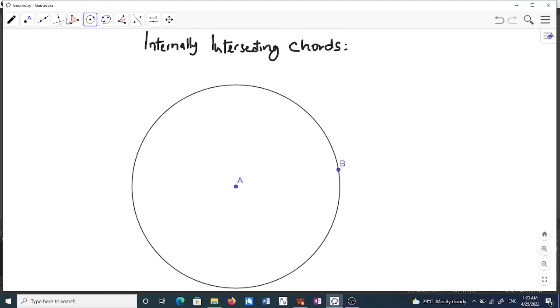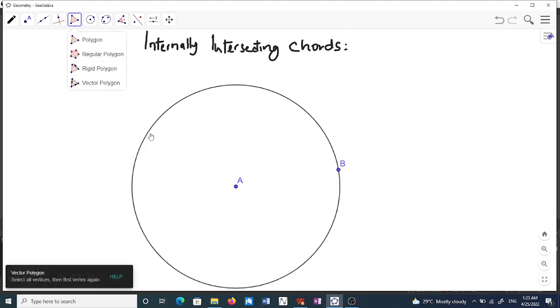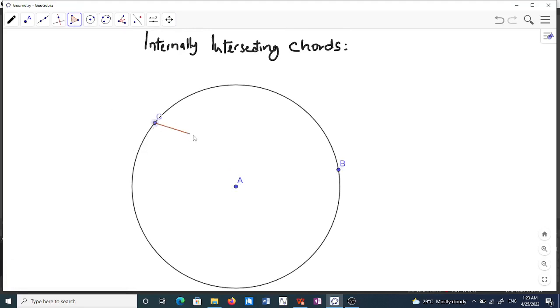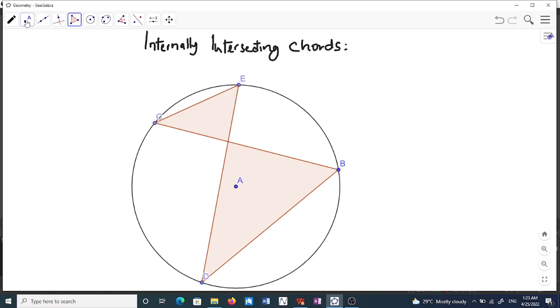Now, when we have internally intersecting chords, let's just have this example here. You can see that there is an intersection of chords here.